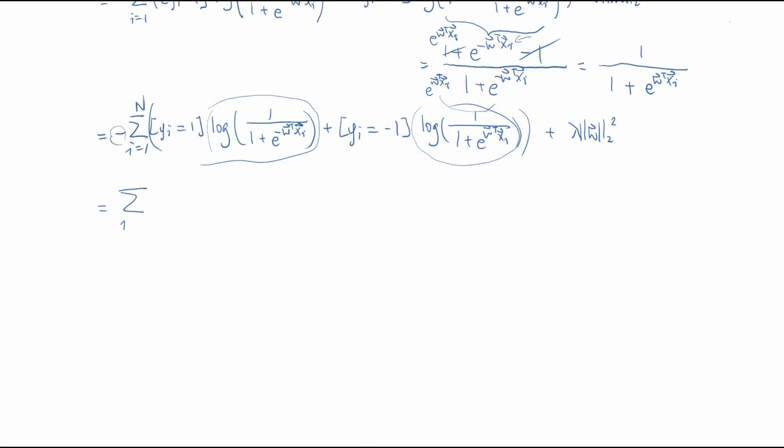So now we no longer have a negative sign in front. We just have the sum of indicator yi equals 1 times log of 1 plus e to the minus w transpose xi, plus indicator yi equals minus 1 times log of 1 plus e to the power of w transpose xi.